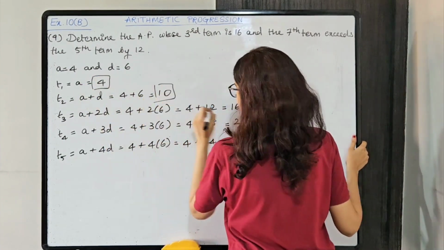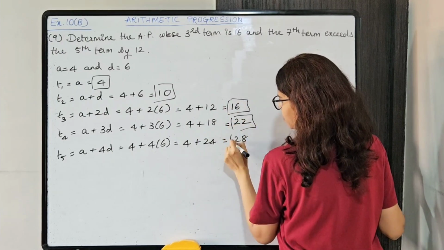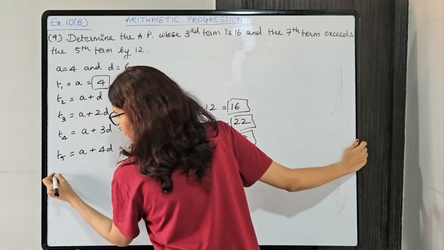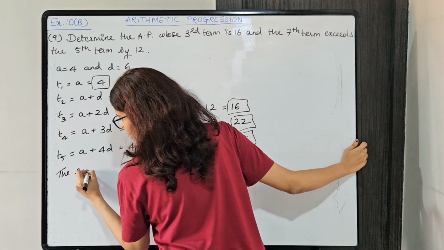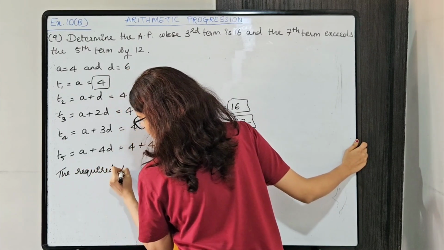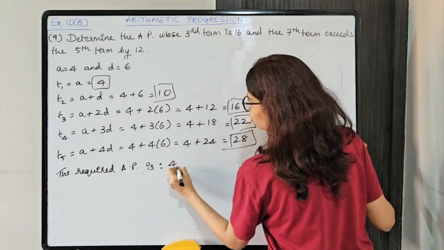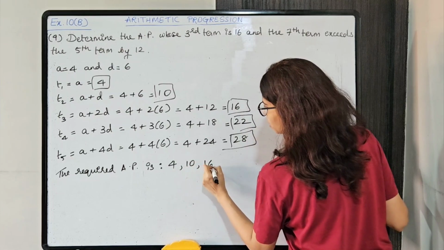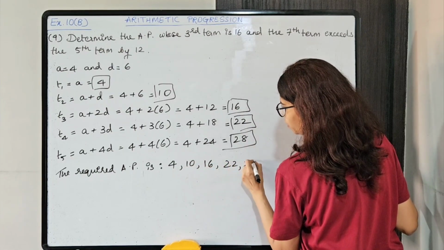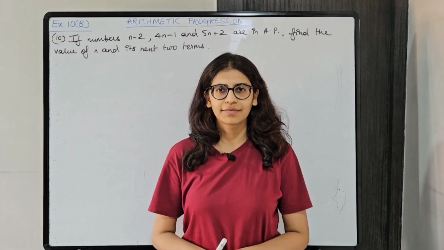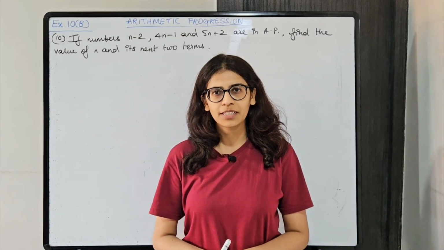Box it. Write down the AP. The required AP is 4, 10, 16, 22, 28, and so on. Next question, question number 10.